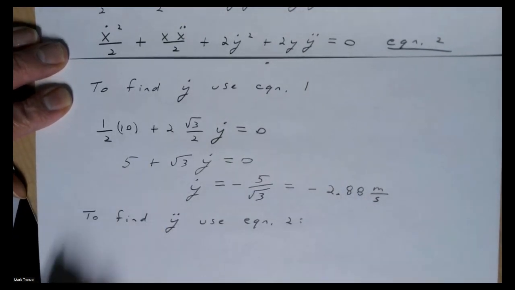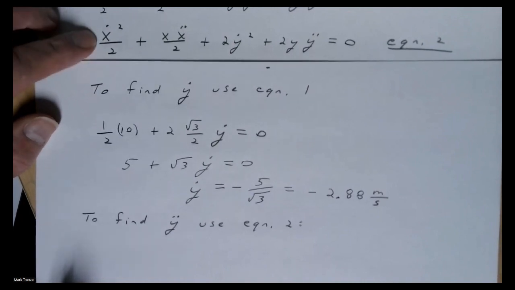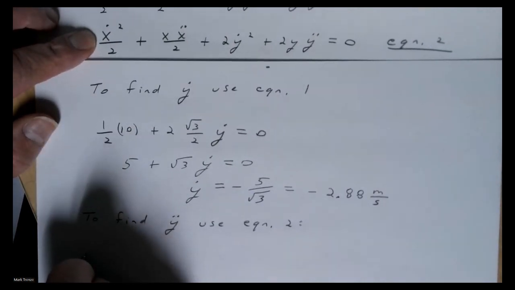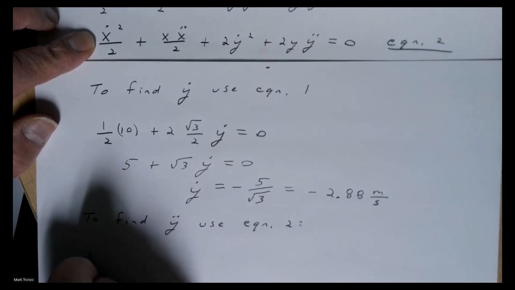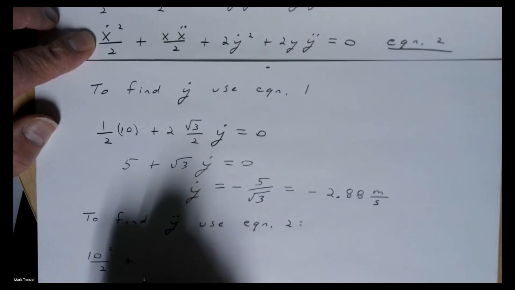And so just start plugging stuff in here. Once again, x dot, using this up here, was given as 10 squared divided by 2 plus x. Remember, we're finding this when x is equal to 1.